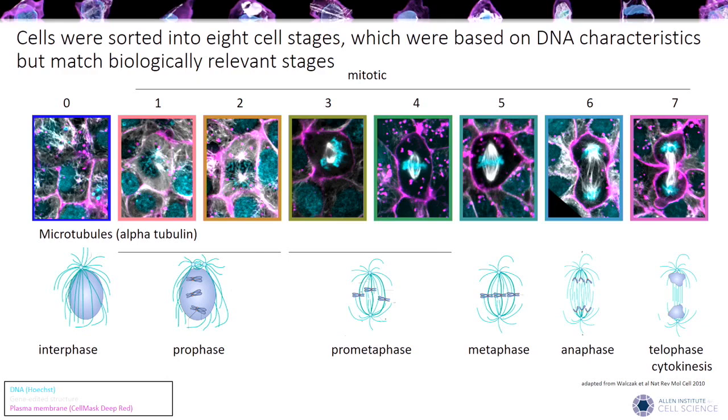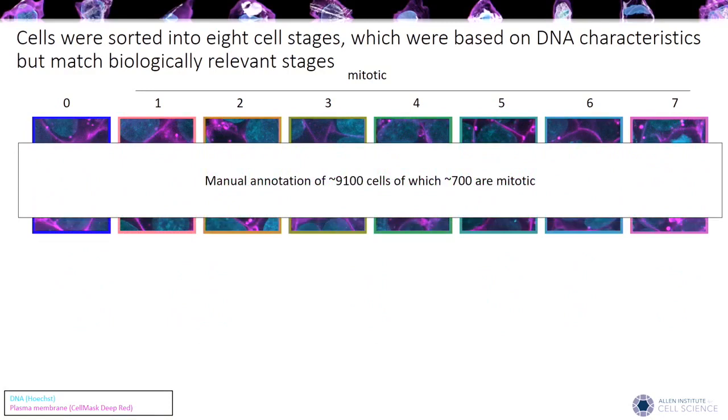We have one interphase stage, so non-mitotic cells. We have 2 stages of prophase, 2 stages of prometaphase, 1 metaphase stage, 1 anaphase stage, and a combined stage of telophase and cytokinesis. We have a manual data set of approximately 9,000 cells, of which 700 are mitotic.